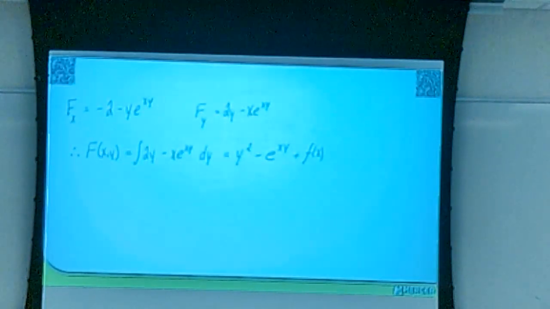And we're left with just some function of x. Now take that partial with respect to x, what do you get? Partial with respect to x? Yes, sorry.